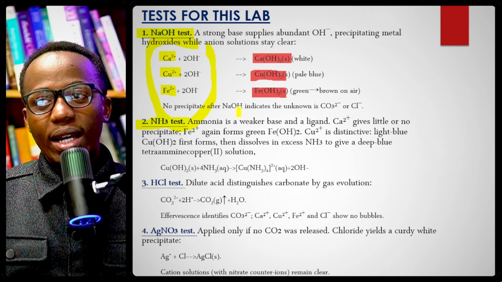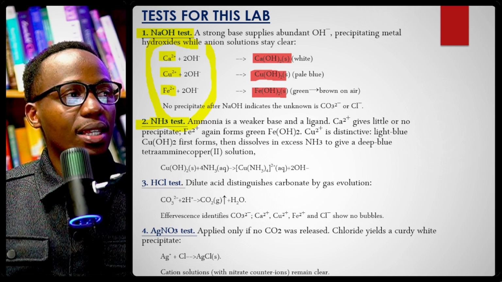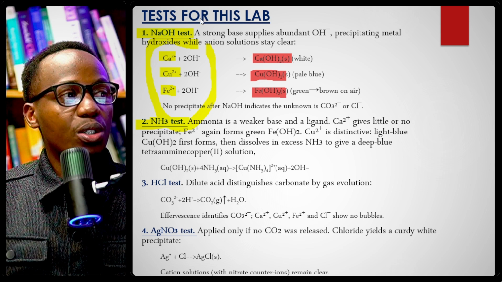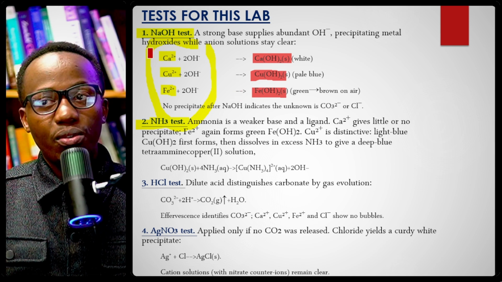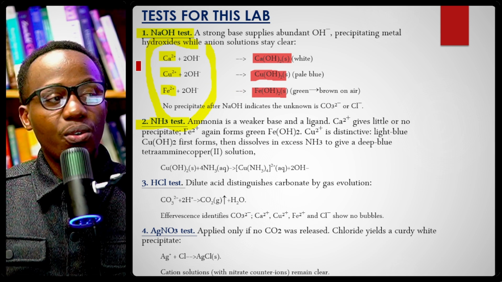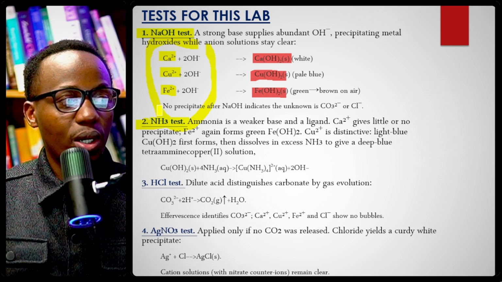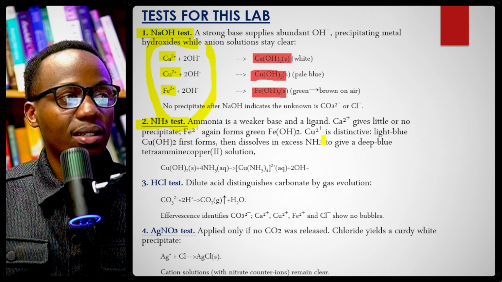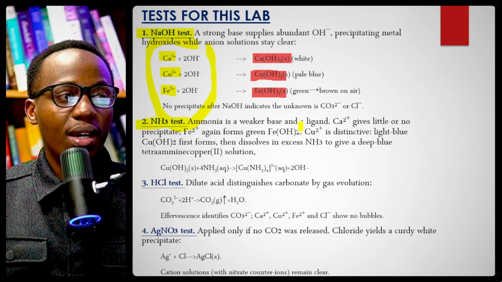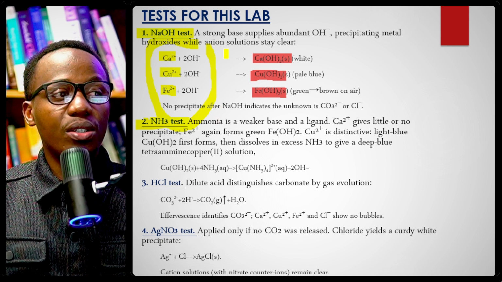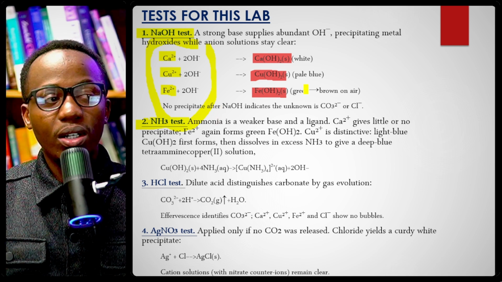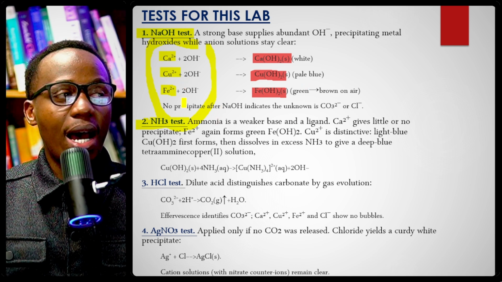By the way, on top of testing these, you're also going to be testing the unknown that I'm going to give you. For the NH3 test, you're going to test copper, iron, and calcium, and your unknown. And then you're going to compare. You're going to be like, oh, okay, based on this observation, is any of these in my unknown?